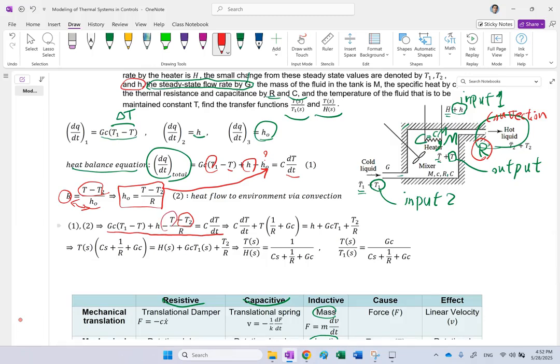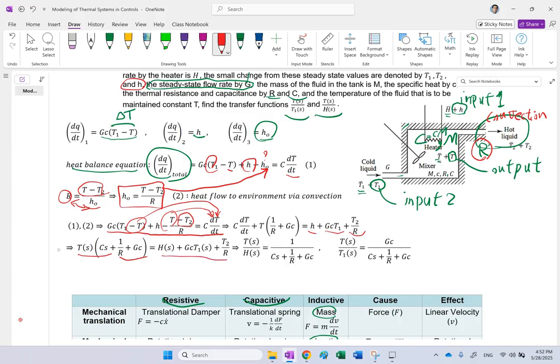This term and this term, I took them to the other side, and I took the Laplace transform. So Laplace of dT over dt becomes S times C times T(s), and the other ones are these constants. All of the other terms are on the other side: H is there, GCT1 is there, T2 over R is there. And so I write all of them.